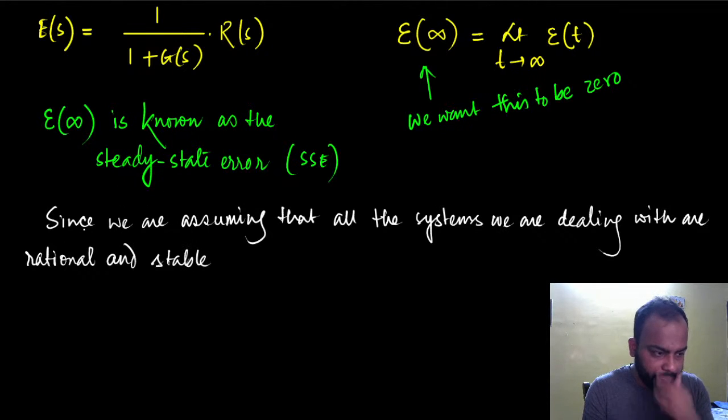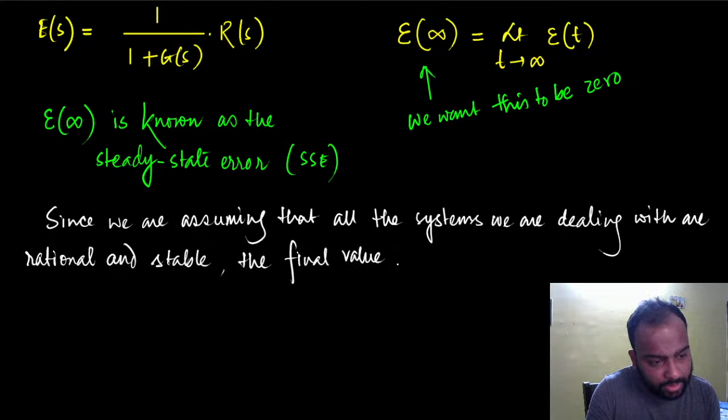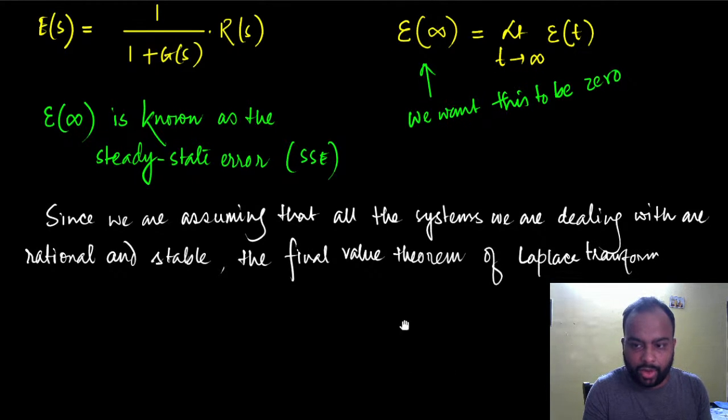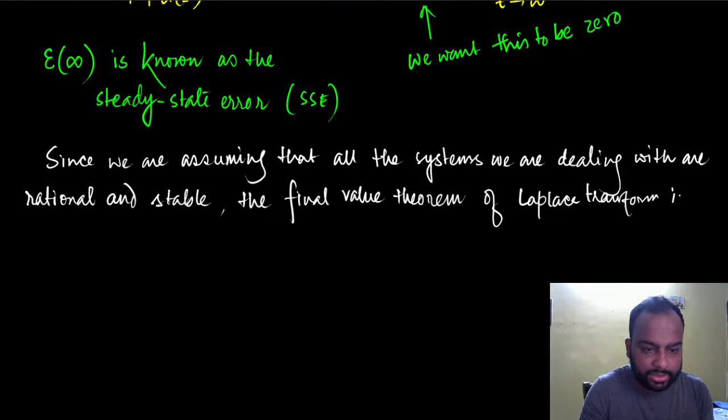Now, since we are assuming that all the systems we are dealing with are rational and stable, the final value theorem of Laplace transform, which we actually derived in one of our earlier classes, is applicable.